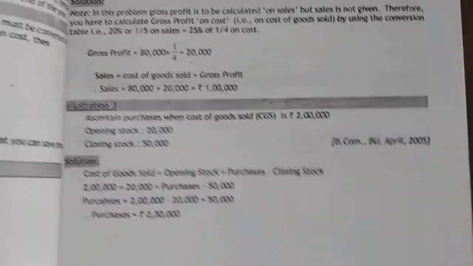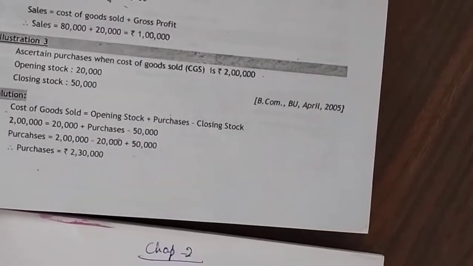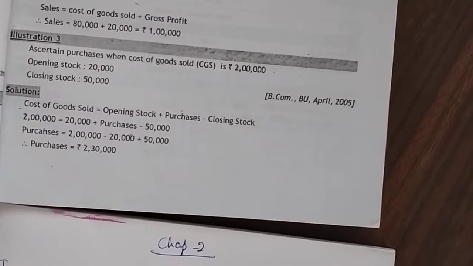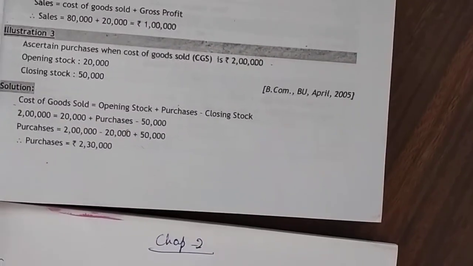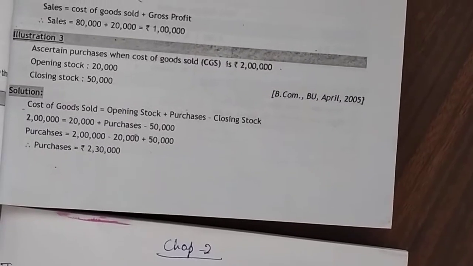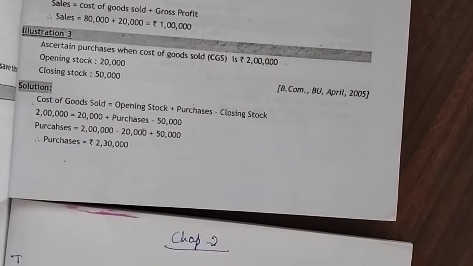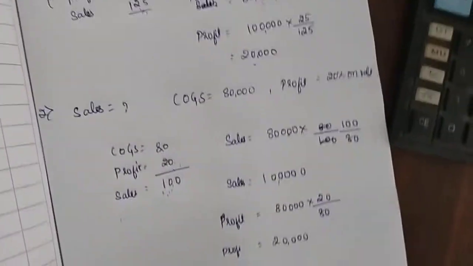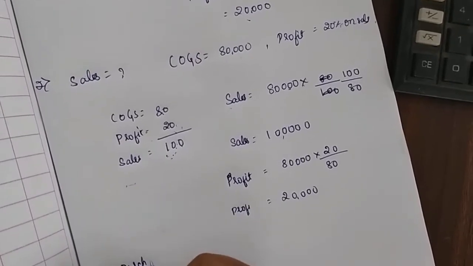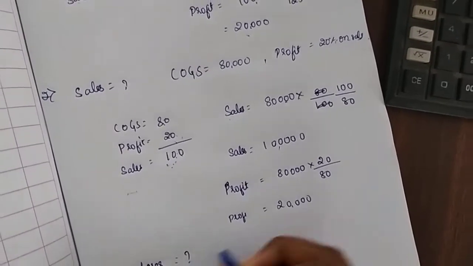Next, one more question. Ascertain the purchases, that is, how much we purchased, when cost of goods sold is 2 lakh, opening stock is 20,000, and closing stock is 50,000. In this third question we have to find out the purchases.